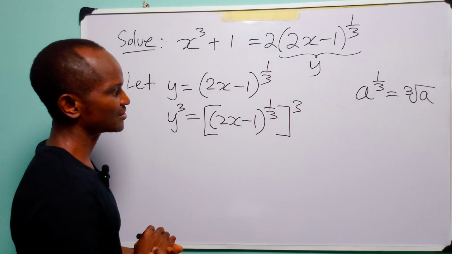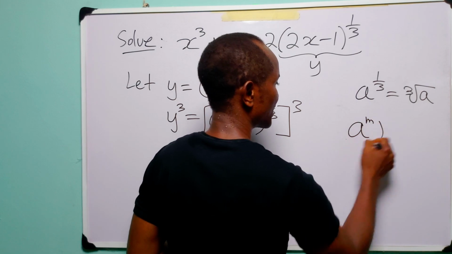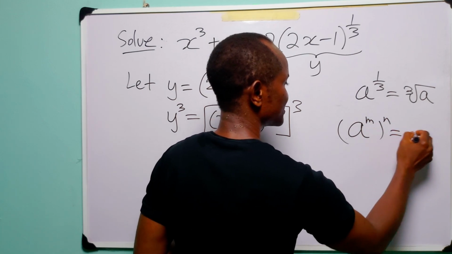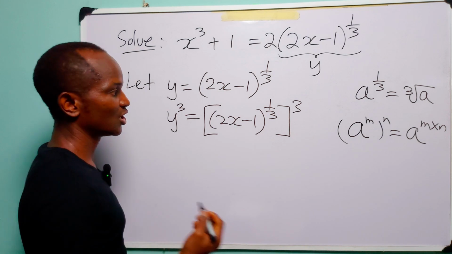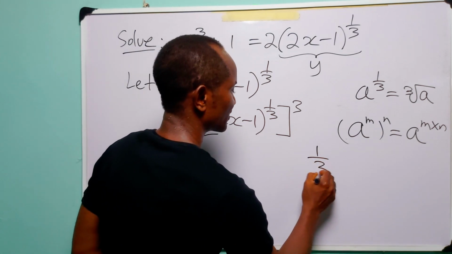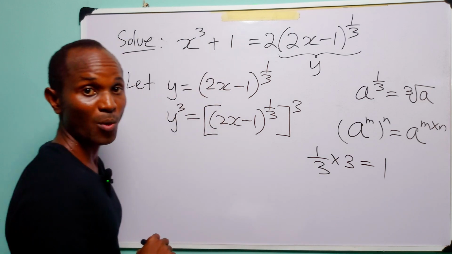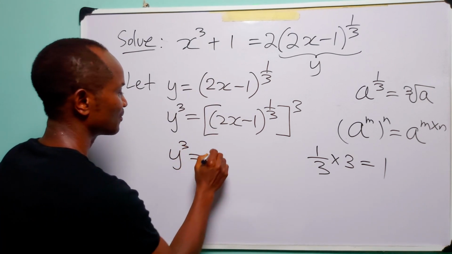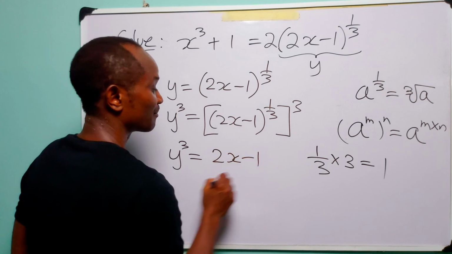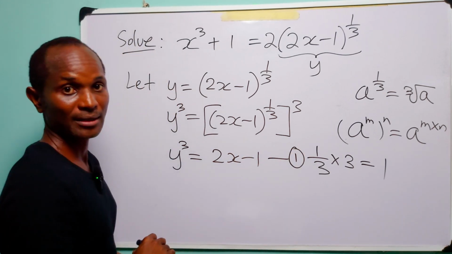And once more, from our study of indices, let us remember that when we have a to the power m to the power n, this is equal to a to the power m multiplied by n. So 1 over 3 times 3 is equal to 1. So that simply means that y cubed is equal to 2x minus 1. Let us call this equation 1.